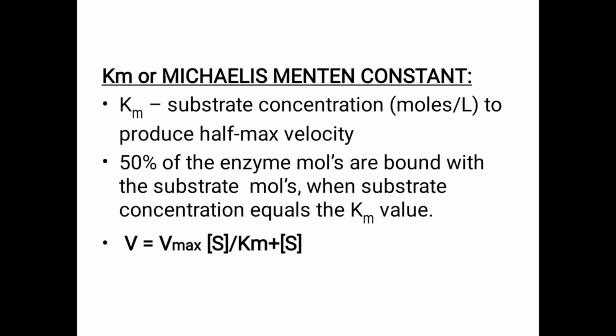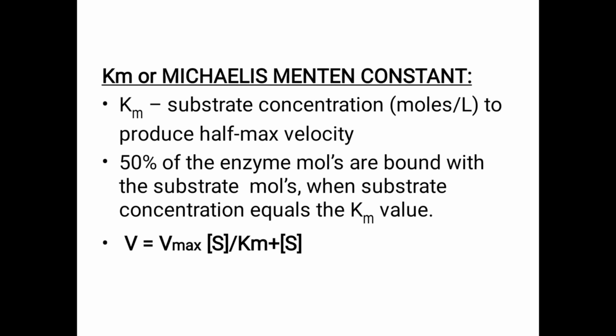Km, or Michaelis Menten constant, they derived it, so it is called Km or Michaelis Menten constant. No need for details. You should know the definition of Km value and its significance. Km is the substrate concentration to produce half maximum velocity.